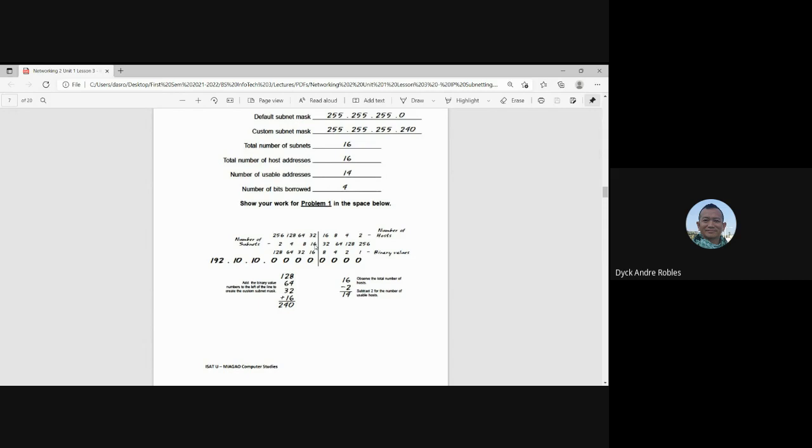But the number of usable addresses is computed by always subtracting 2 from the total number of host addresses. As I said earlier, that is for the network address and the broadcast address. Okay? Clear? Yes, sir. So we subtract 2 for the network address and the broadcast address. So that is clear now. Okay?